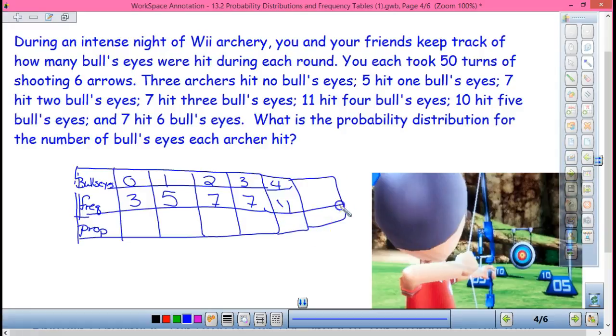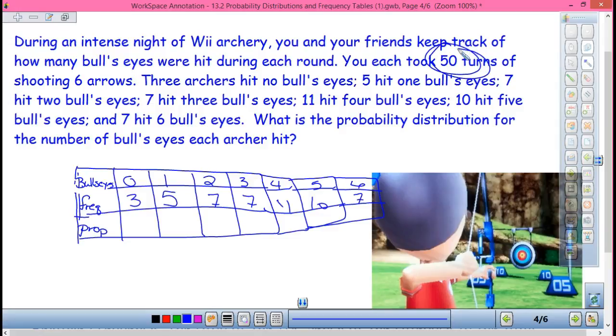How many hit 5? 10, oh my gosh. And how many hit 6? 7 of them. And how many turns were there? 50 turns, it told us that.